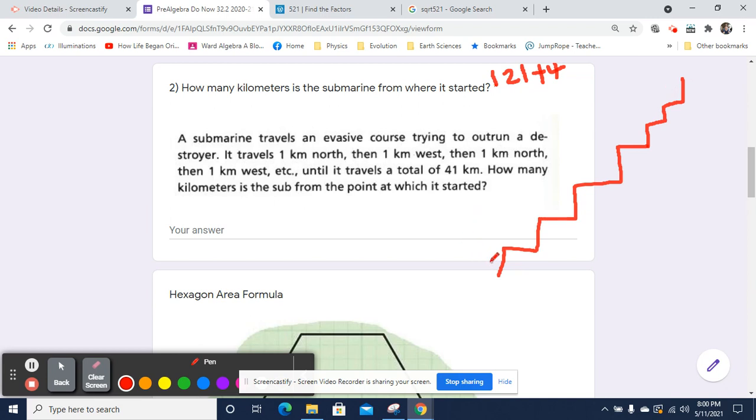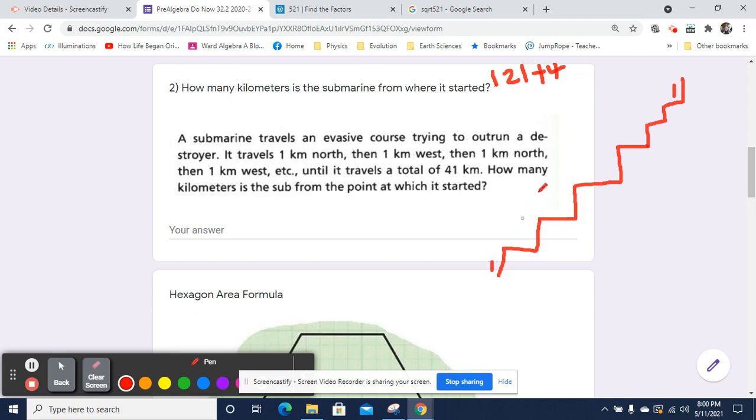So it's going to have 1 kilometer here and 1 kilometer here, and it's going to have an odd number of kilometers between there, so we can figure out how many that's going to be. Okay, so let's see here. So we split 41 in half. It's going to be 20 plus 21.